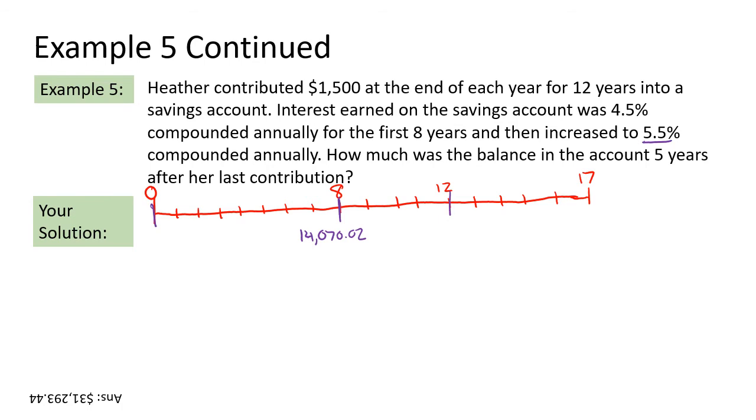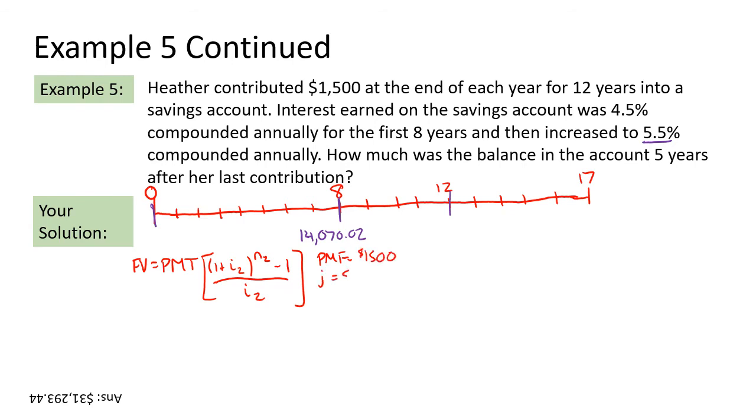So let's find that value next. It's the same formula. Future value is equal to our payment times 1 plus I2, because it's the second part of our annuity calculation, to the exponent N2, minus 1, divided by I2. In this case, our payment is still the same, $1,500.